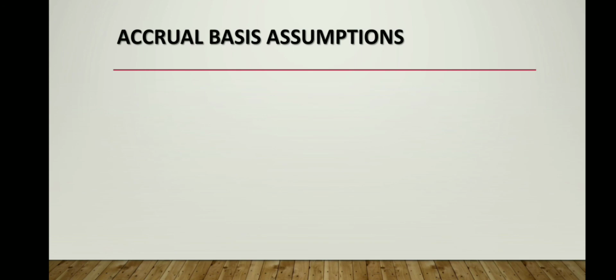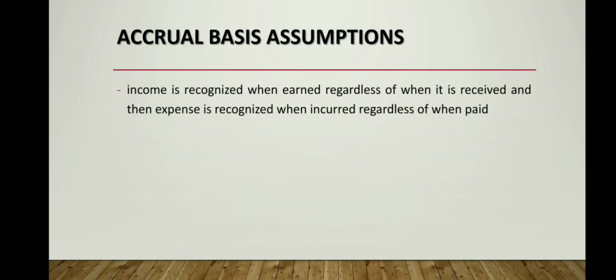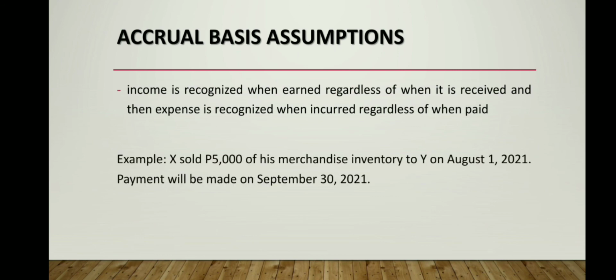So we're now in the last accounting assumption. We have the accrual basis assumption. Here, income is recognized when earned regardless of when it is received, and expense is recognized when incurred regardless of when paid. So for example, X sold 5,000 of his merchandise inventory to Y on August 1, 2021, and payment will be made on September 30, 2021.